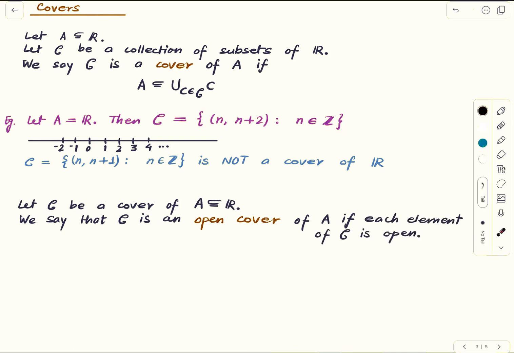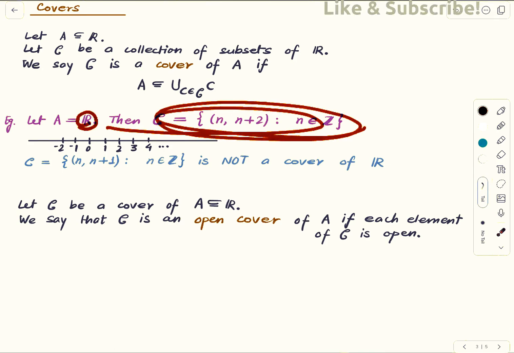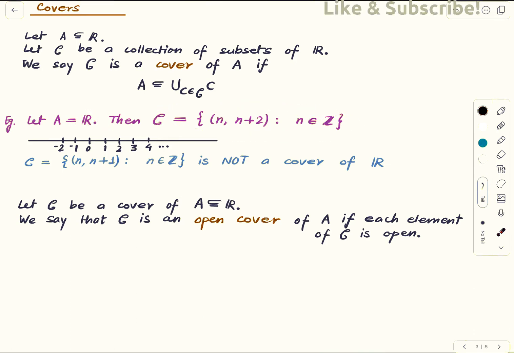Very simple definition. An open cover is just a cover with an extra constraint that every element of the cover must be an open set. So this is an example of an open cover of the set of reals. You can easily construct examples which are not open. You can just put closed intervals here and that would still be a cover, but it wouldn't be an open cover.